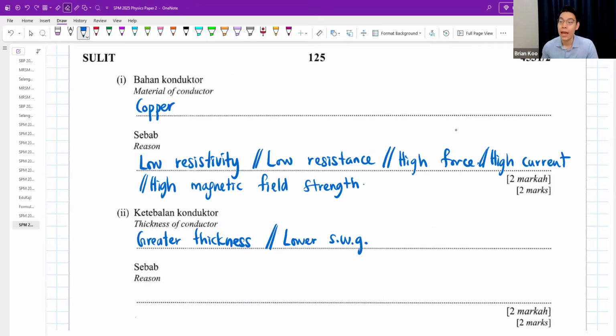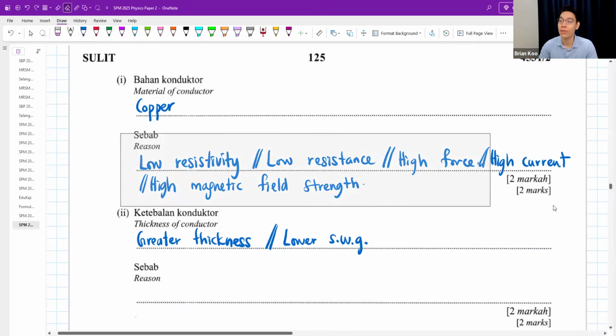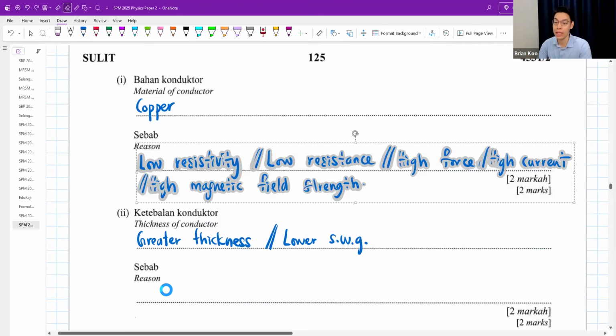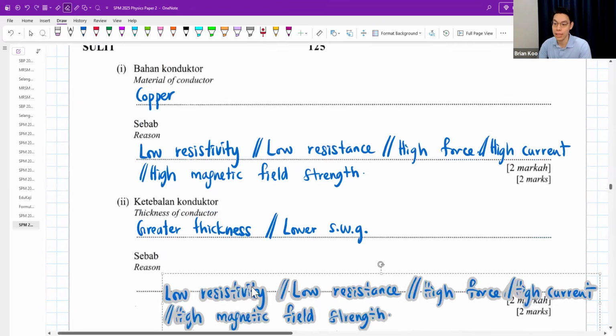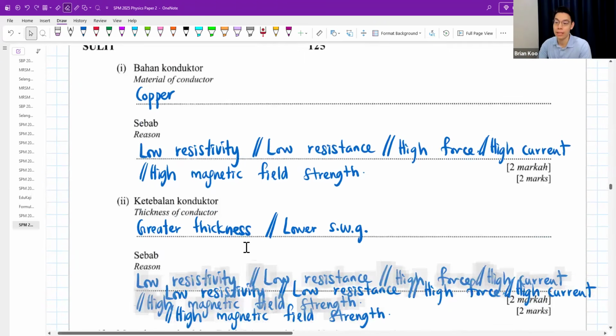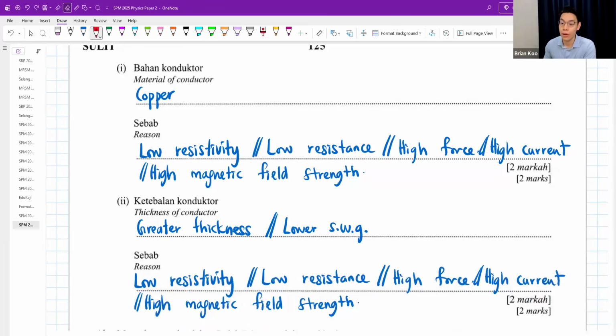And the reason is all the same, except don't say low resistivity. Everything is correct, the same, except low resistivity is wrong. Everything else is the same reason. It will still give you lower resistance, high force, high current, high magnetic field strength.